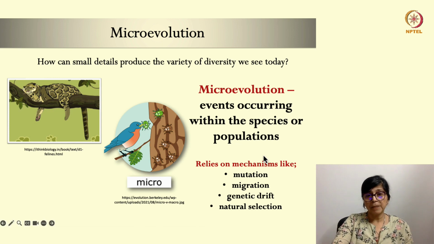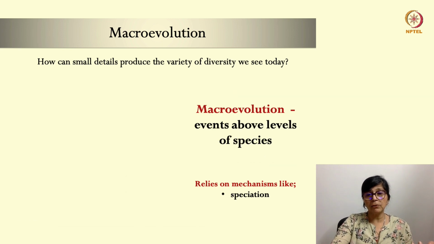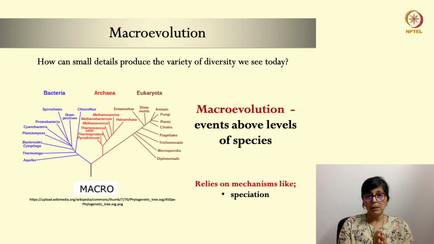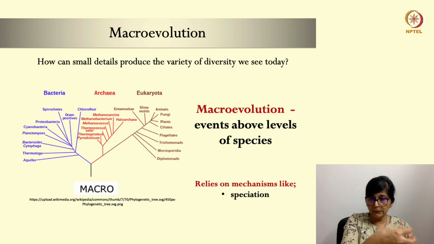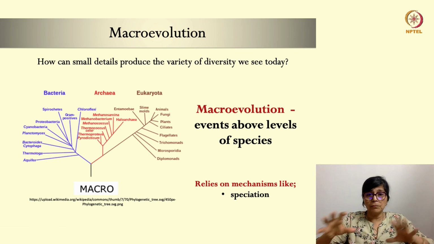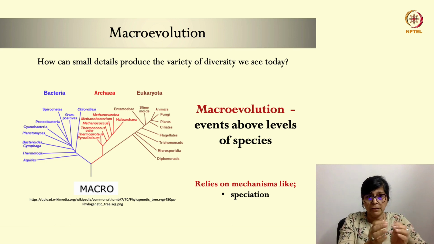Then above this microevolution is something called macroevolution. So what is macroevolution? The events or levels above the species. So this is what we mean by macroevolution. So in micro, species are evolving in their own way within their own environment. But when we zoom out and we actually interlink those species, so if we find similarities in different species of different clades or sections, and we come up with a picture like this.